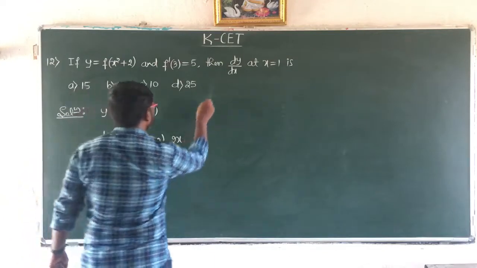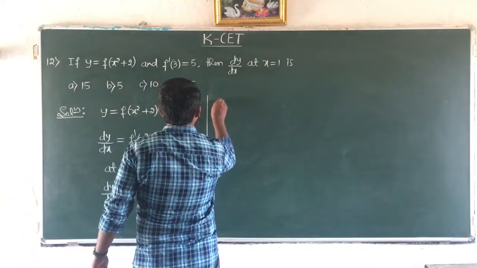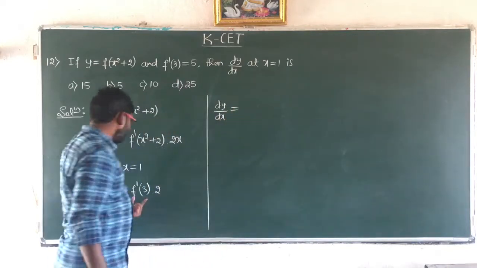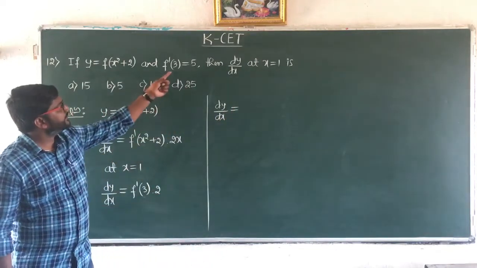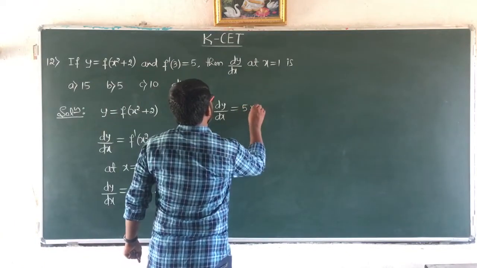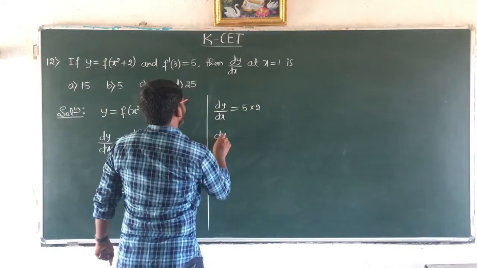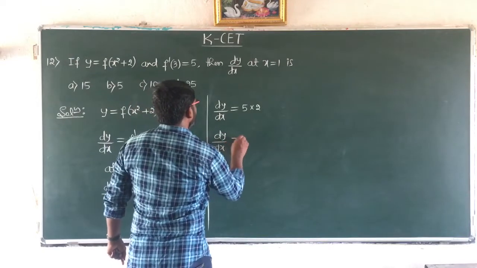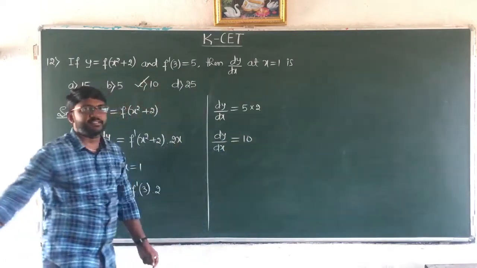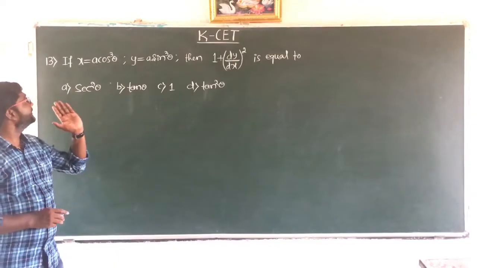So now dy by dx which is equal to, what is f dash of 3 now? From the given information it is 5. So 5 into 2, dy by dx which is equal to 10. So the answer is option C. So let us solve the next question.